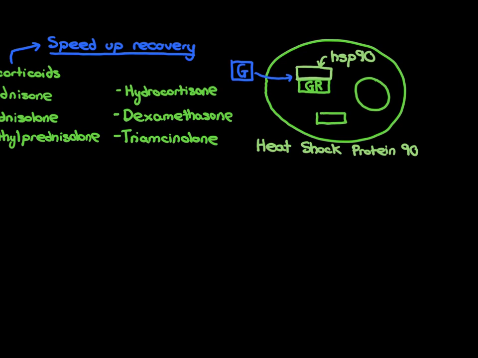So what's going to happen now is here's the glucocorticoid receptor, and here is the glucocorticoid bound to it, and you will notice that the heat shock protein 90 has gone now. So you now have your glucocorticoid receptor glucocorticoid complex. This can now go into the nucleus because it doesn't have that troublesome heat shock protein 90 attached to it anymore that is keeping it chained in the cytoplasm.